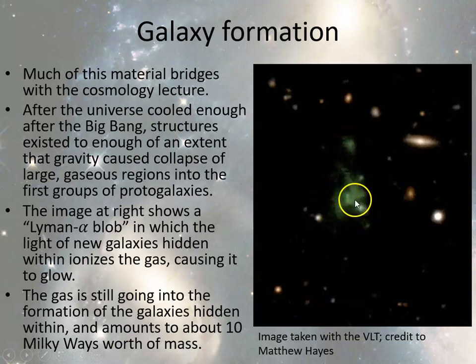You could think of this as a proto-galaxy, and this is actually mainly gas. This is mainly gas that's been ionized by the light of a lot of this other stuff, and it's maybe eventually going to try to form into a spiral galaxy.